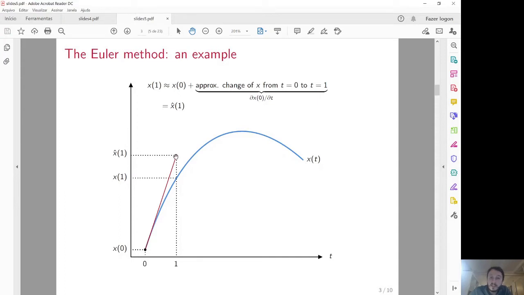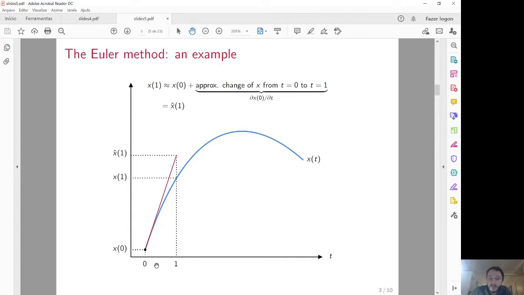But it's not linear, so this is what we get. So the Euler method is a linear approximation method. We are simply going to use the slope to get an approximation of x at a given point in time. We will see that we can improve this approximation. We can get better approximations if we use smaller jumps in the time variable here, right?